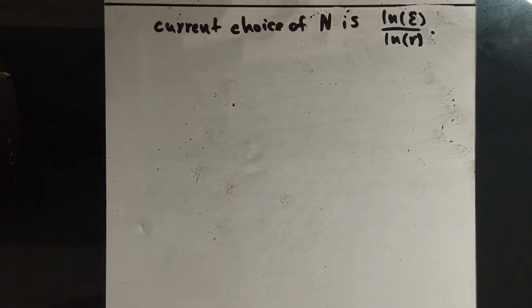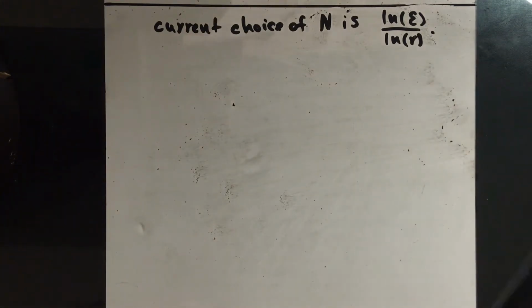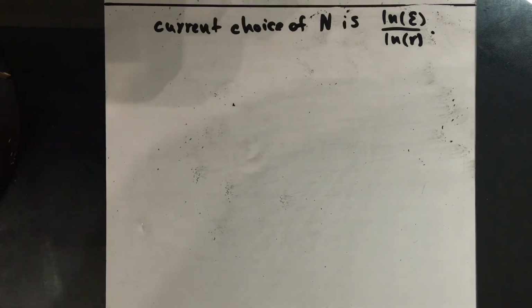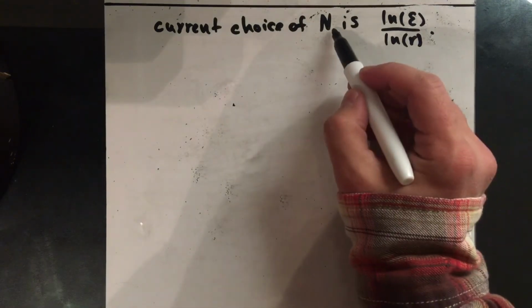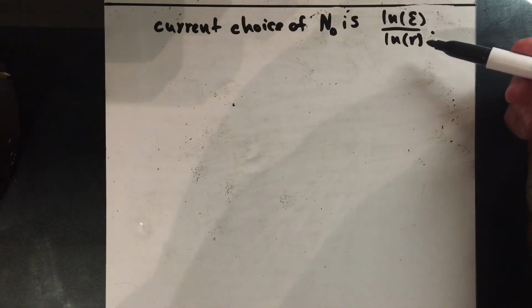Now that we somewhat understand the greatest integer function, let's use it to our advantage. Recall that our initial choice of big N up to this point was the natural log of epsilon divided by the natural log of r. Let's plug n into the greatest integer function and make this our new choice of n. Before I do that, I'm going to label this n with a subscript 0 to represent our initial choice of n.